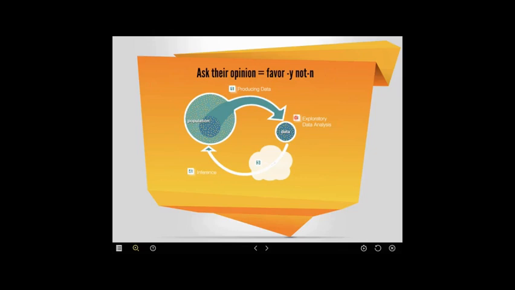So each individual will answer the question, do you favor death penalty? Yes, no. Let's assume that 65% of those individuals are in favor. So in this sample, say 650 out of 1,000 individuals said they are in favor of death penalty.